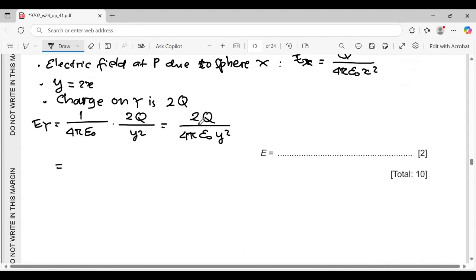And we can simplify. Substitute this information into here.